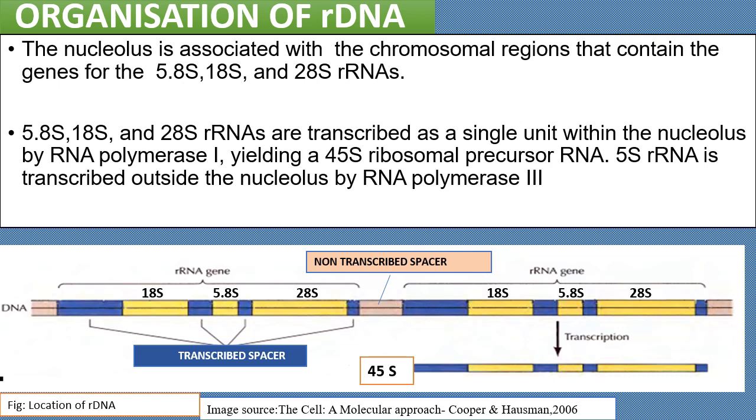The 5S ribosomal RNA is transcribed outside the nucleolus with the help of the enzyme RNA polymerase III, and after its transcription, it is imported into the nucleolus so that it can combine with the other RNAs to form the pre-ribosomal particles.